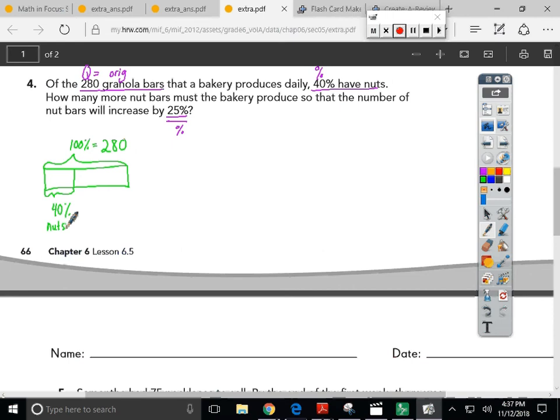Well, now it goes on to say how many more nut bars must the bakery produce? So how many more must they produce? So I'm going to highlight this. How many more nut bars? I'm trying to find the amount of increase.